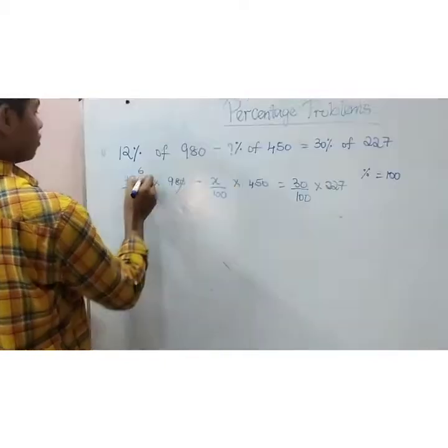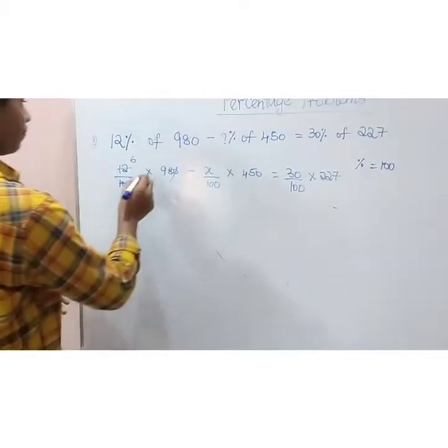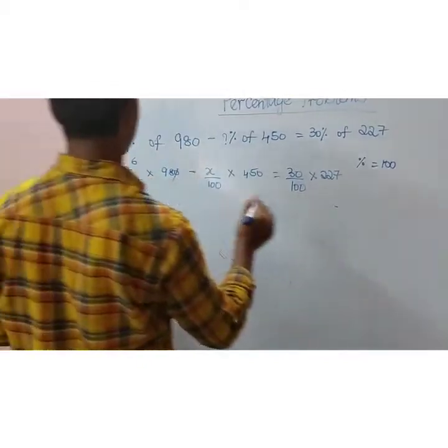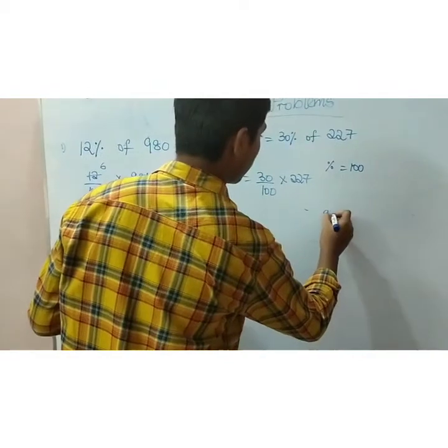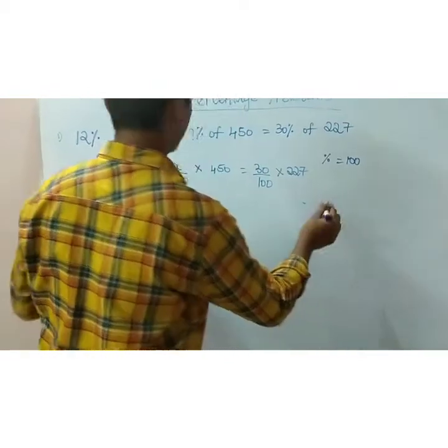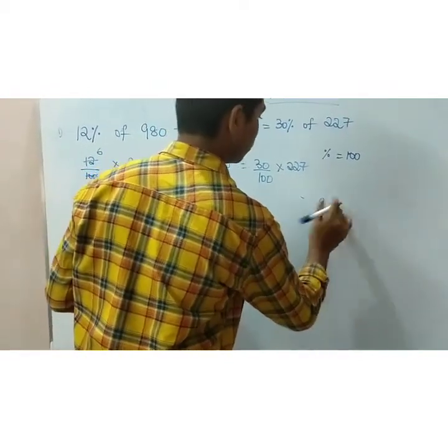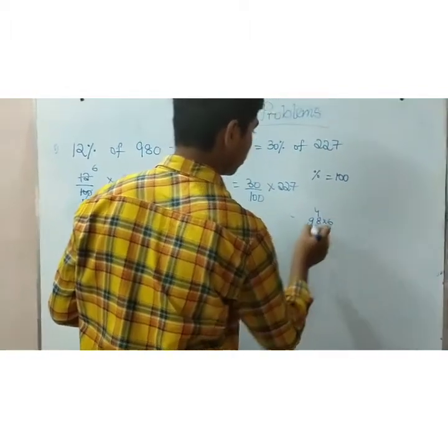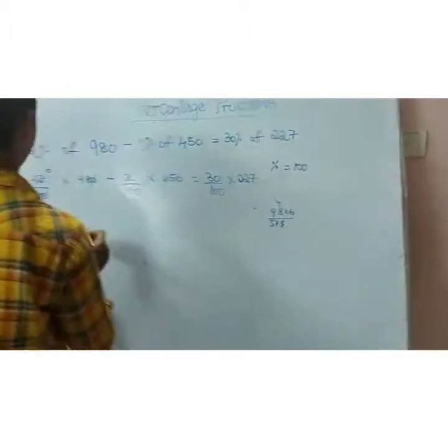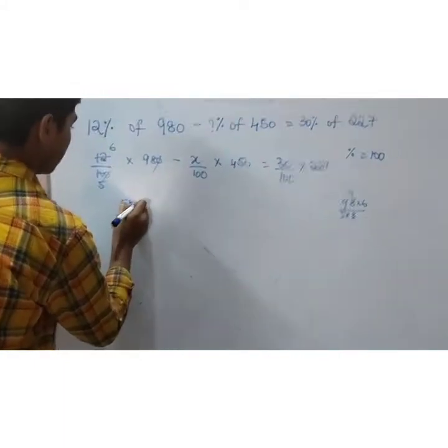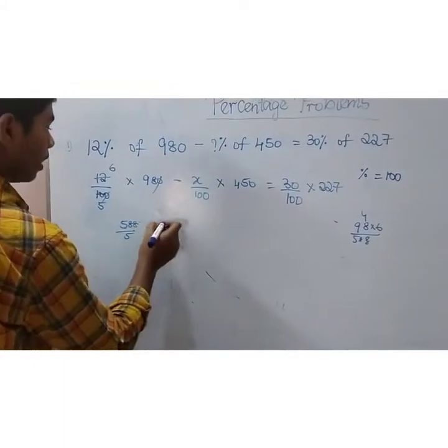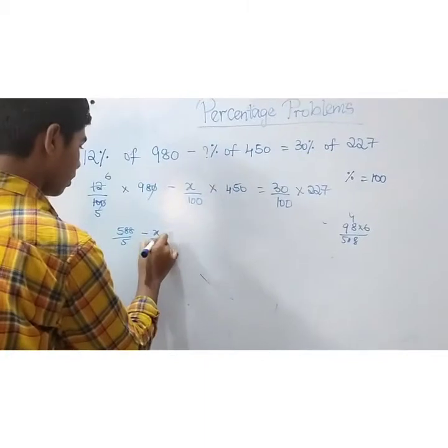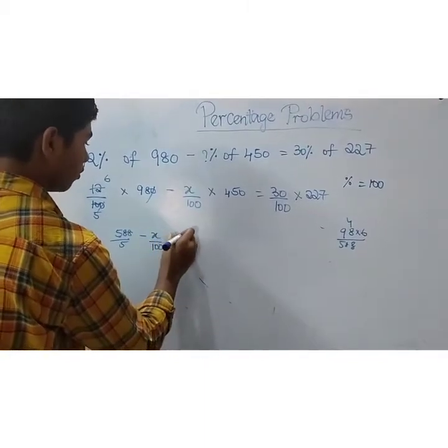2, 6, 2, 5. 98 into 6 is 48, 6 9 54, 588. So 588 by 5 minus X by 100 into 450.